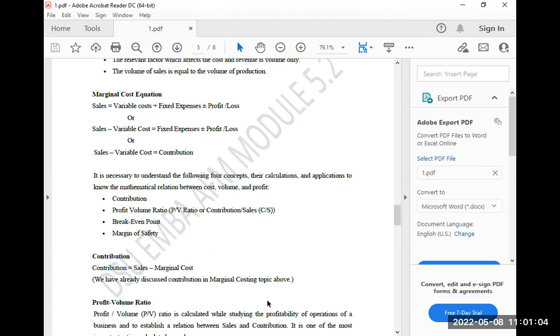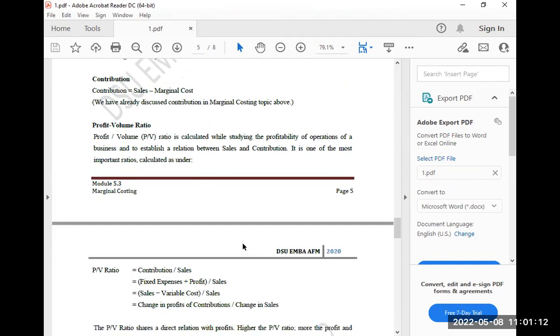For that, we have a formula. That formula is equal to fixed cost divided by PV ratio. So what is PV ratio? Please write down.